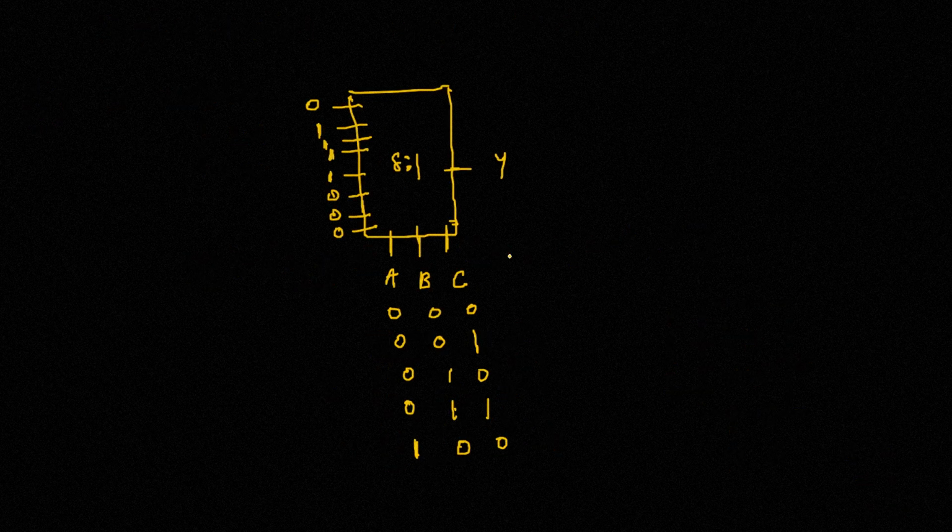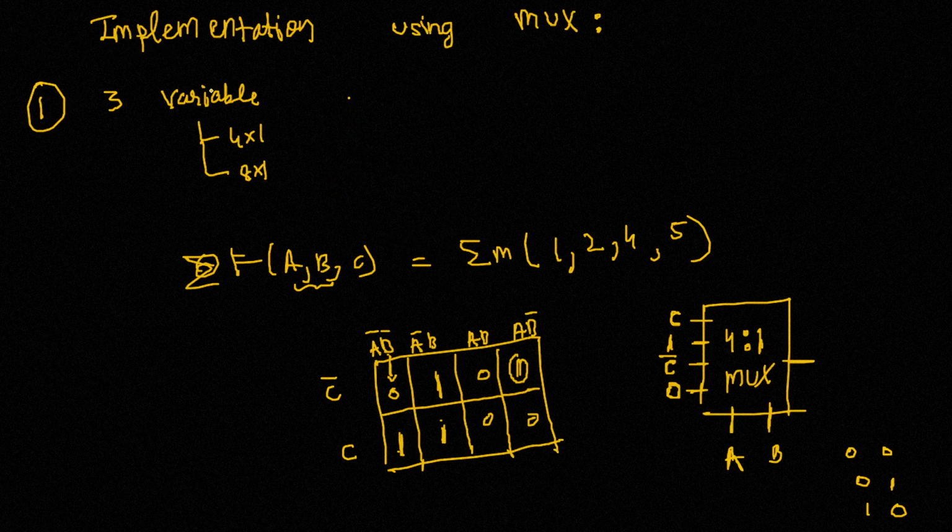Since all the 3 variables are used as select lines, the only inputs are 0 and 1. Now let us look at how we can implement 4 variable boolean expressions using both 4 cross 1 and 8 cross 1. Here we had 3 variables. In 4 cross 1, we took 2 in select lines and the third one as one of the input lines.